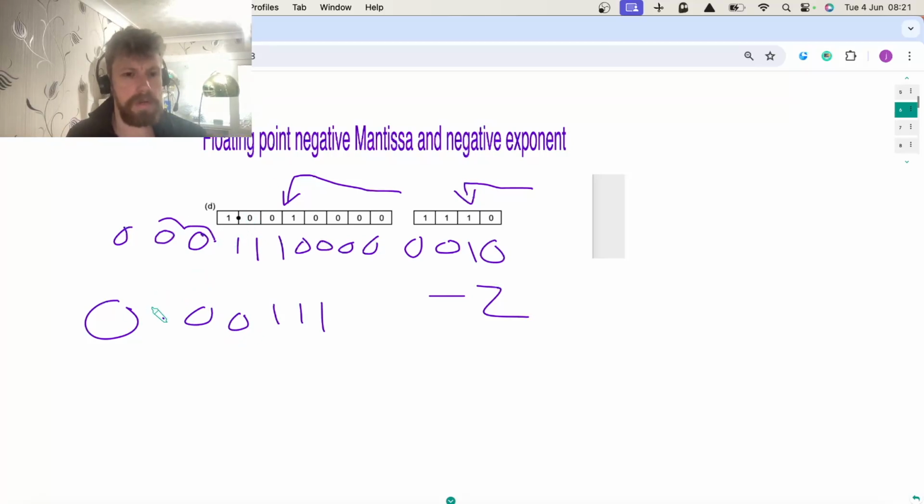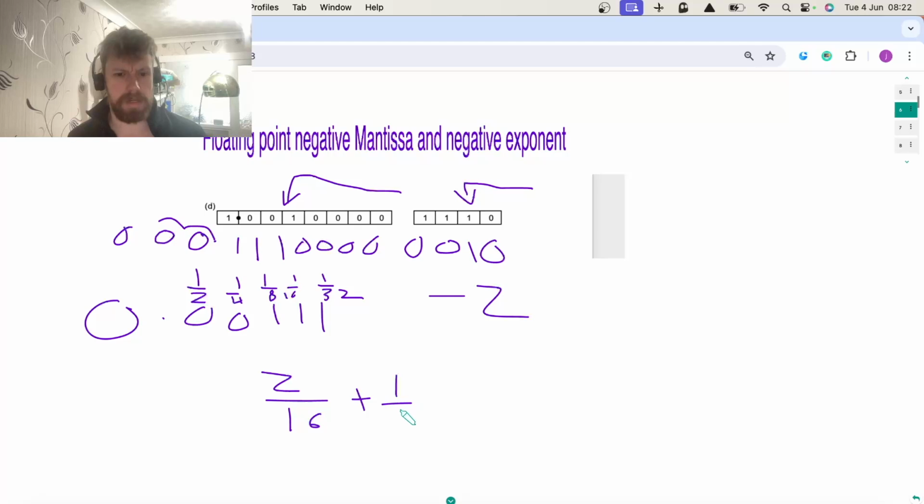Yep. So here, now what we have to do, I'm going to use my fractions. So half, quarter, eighth, 16th, 32. Okay. So they're adding, so times that by 2, that's going to give me 2 over 16 plus 1 over 16, which then gives me 3 over 16.